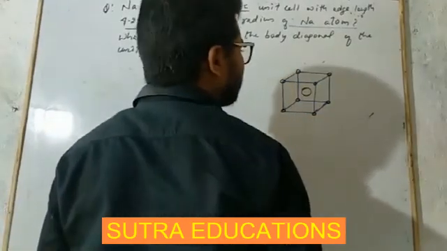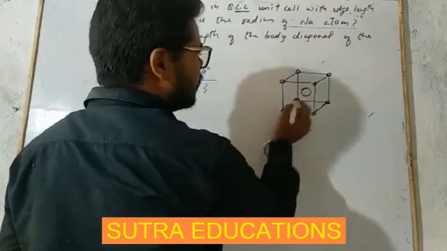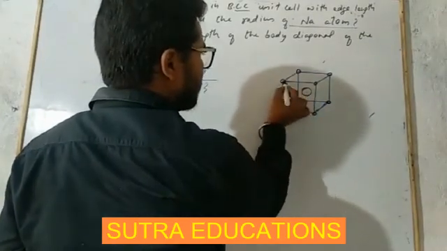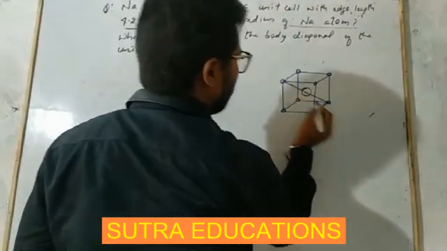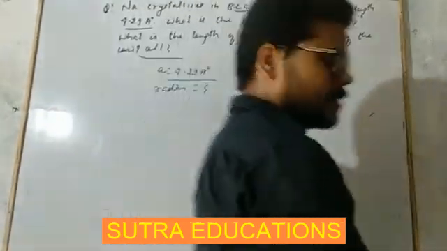We know the body diagonal: if it is A, it is D, then AD is the body diagonal.